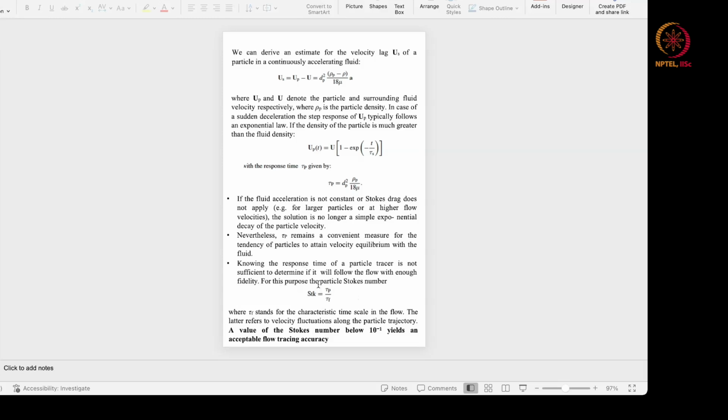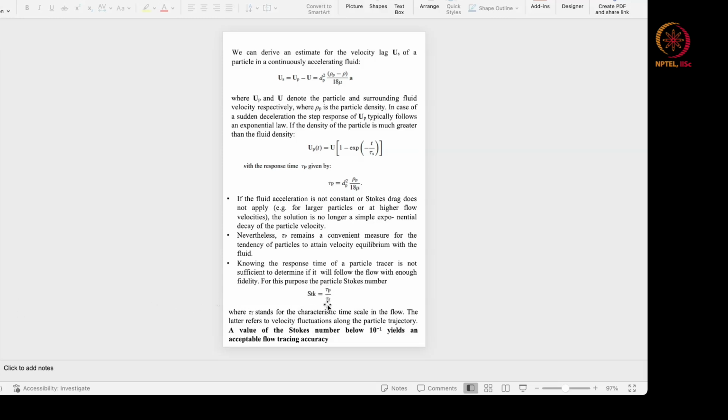And if it is less than 1, it should be able to follow the flow with enough fidelity. The rule of thumb is that a Stokes number less than 10 to the power of minus 1 yields an acceptable flow tracing accuracy. Remember that. It is not enough just to know the response time, it is also important to determine the Stokes number to see whether this response time is lower than the flow characteristic time.